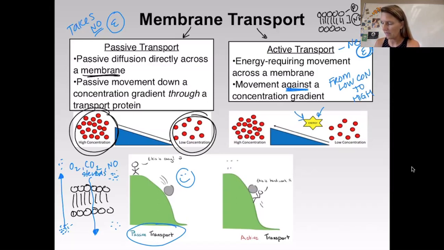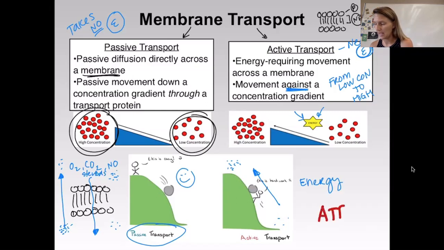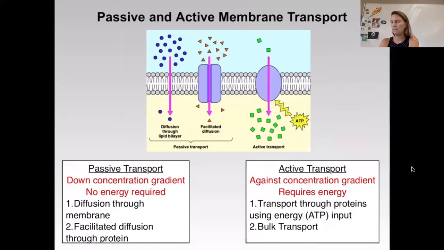Here you have high concentration, here you have low, and we're gonna force things in that direction, even though the things want to diffuse the other way. So you need a lot of energy here, all right? And if you're thinking energy in the cell, you should be thinking of that one special nucleotide that we mentioned before that is the currency for all energy in the cell, and that is ATP, right?